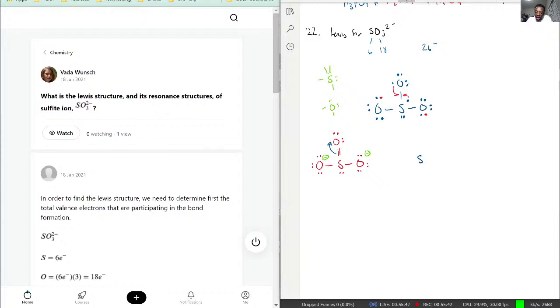So now it would be sulfur like that, and I'd draw it in a different color. There we go. And now we would have 1, 2, 3, 4, 5, 6. And now the sulfur would actually be one of the pluses.